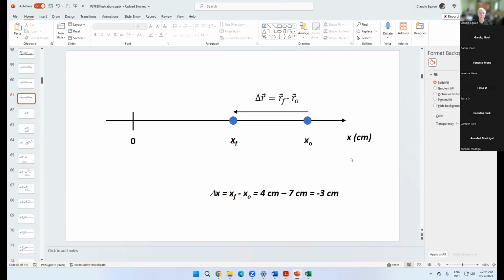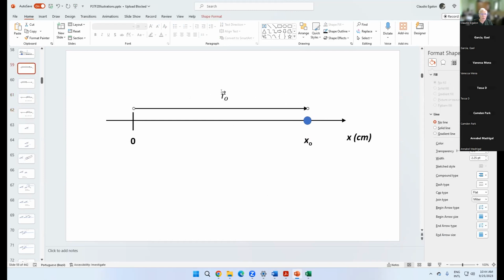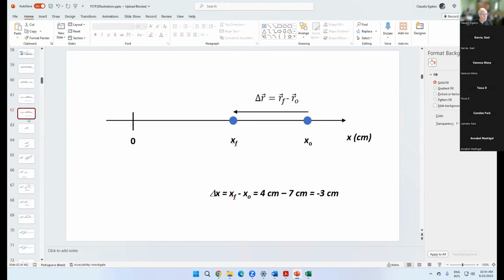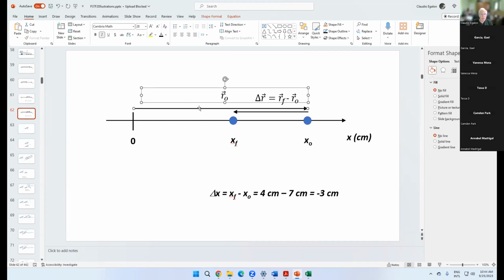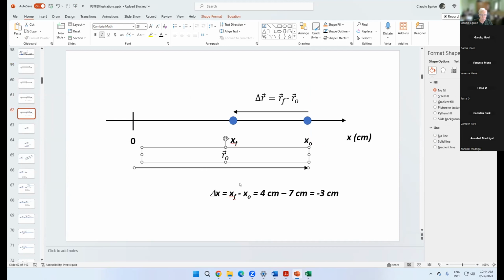Can you understand that? I'm going to overlap the final position vector and the initial position vector with the displacement vector. But don't forget that this is just the one-dimensional case. We're going to extend that to the two- and three-dimensional cases very soon.